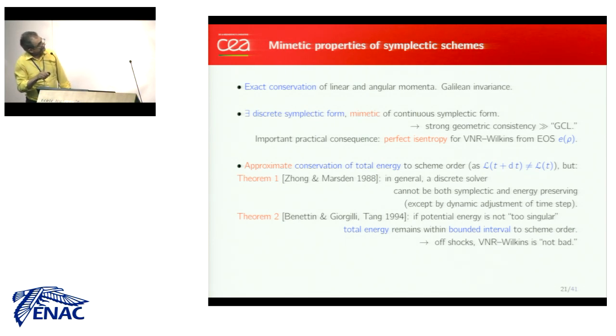Two theorems here are really important: we have only approximate conservation of total energy to the scheme order, and as was shown by Marsden and his student, we can only get 2 out of 3 properties. So in case we recover conservation of total energy, we will have only approximate symplecticity of the scheme.